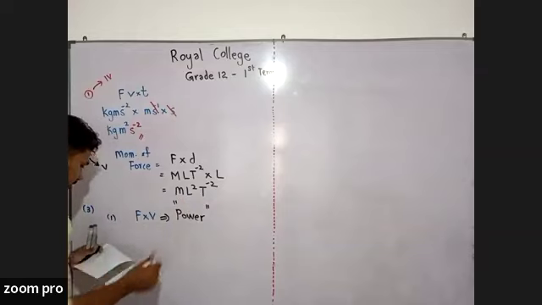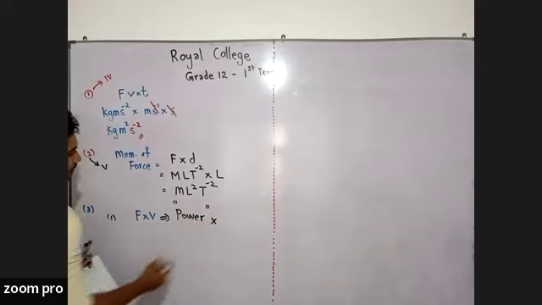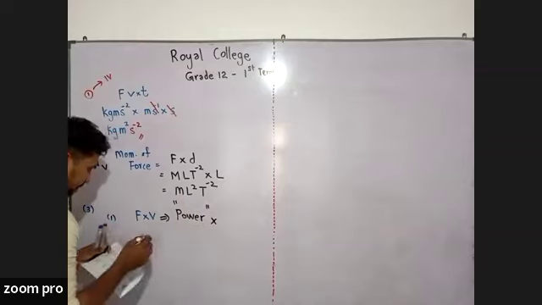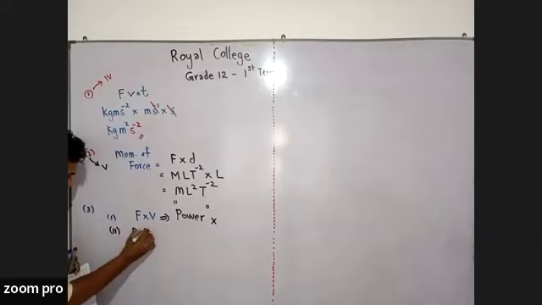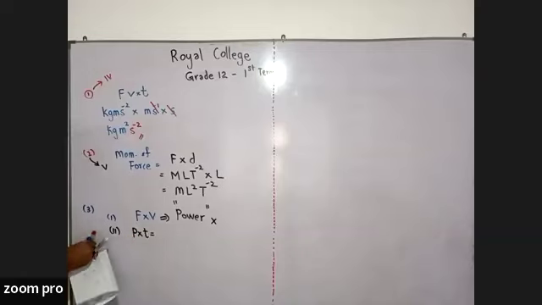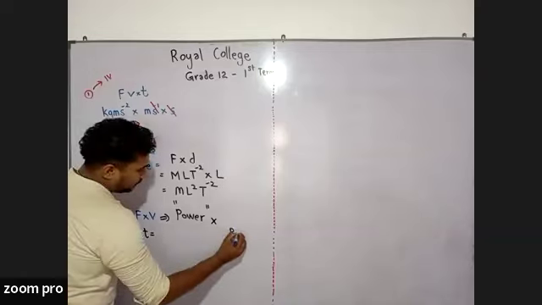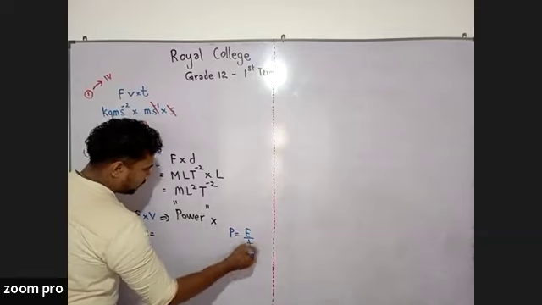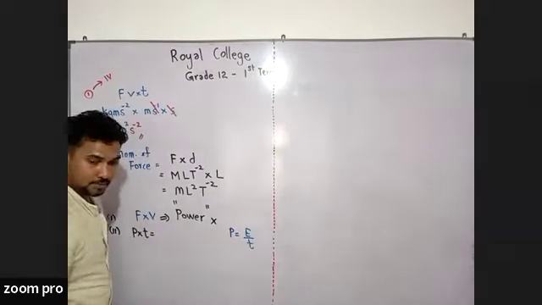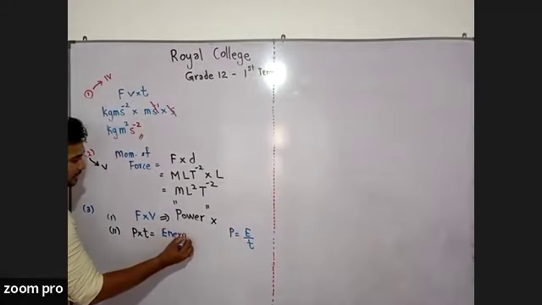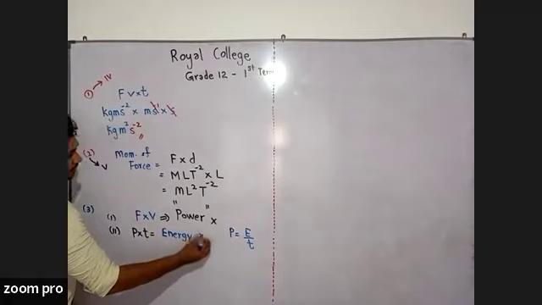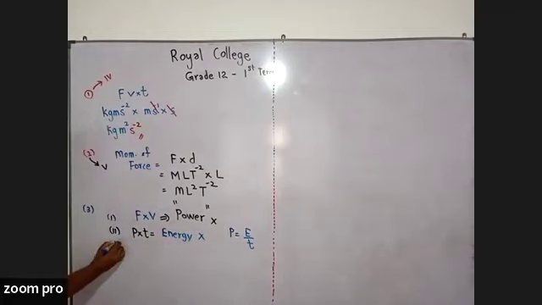So this represents the power. So power is not a vector quantity. And in the second one, it represents power into time, right? So you know that power equals energy over time. So the product of power and T represents the energy, or it can be considered as the work also. But energy is a scalar quantity.